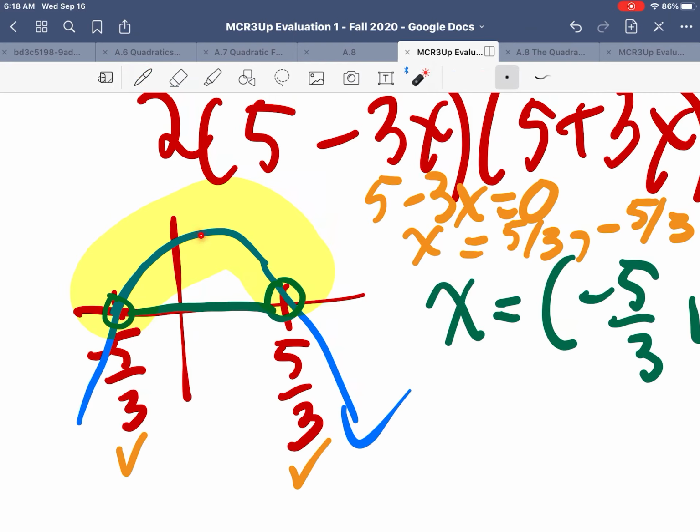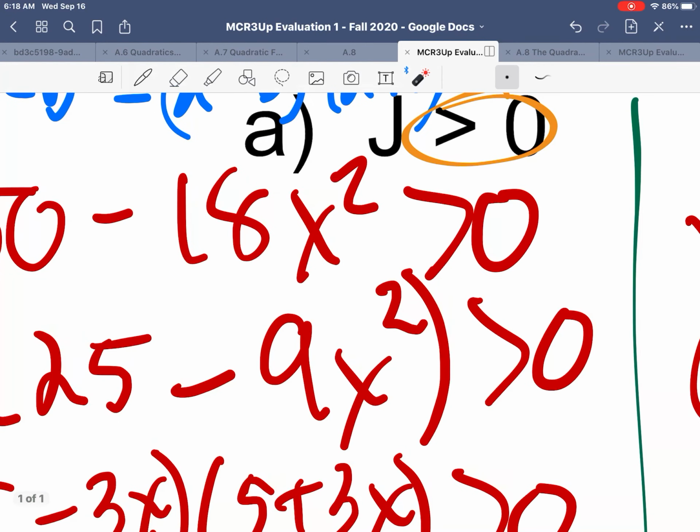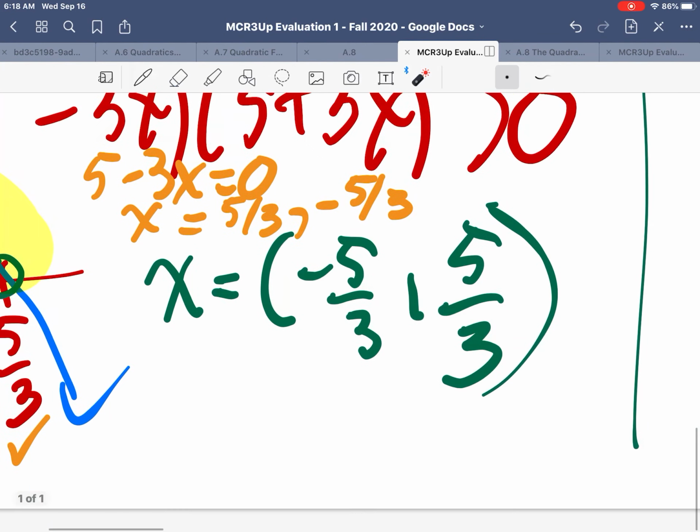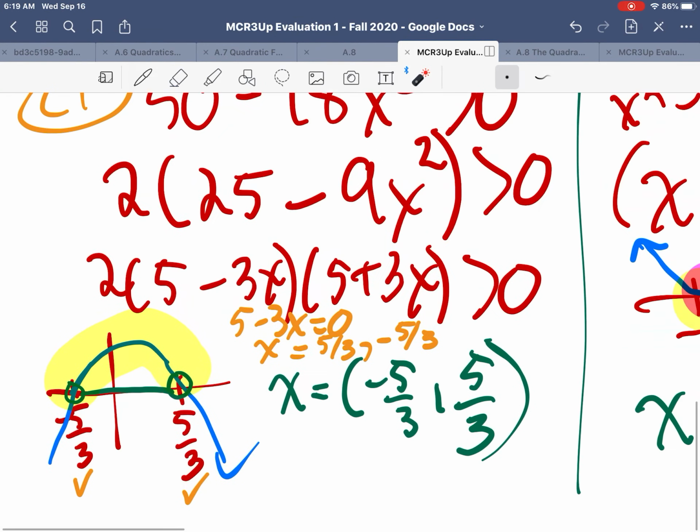So when y is above the x-axis here, x is between these two values. Open circles because it's greater than 0. And then this represents our interval where that's true. If x stays between negative 5 over 3 and 5 over 3, y will be above the x-axis.